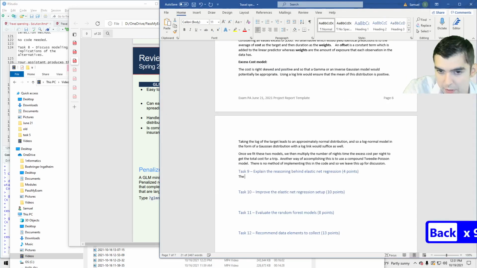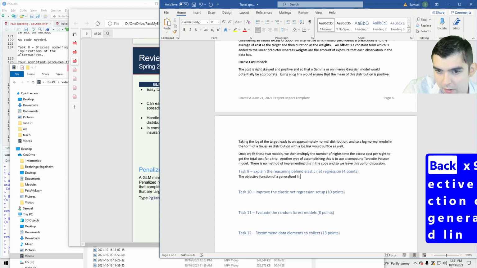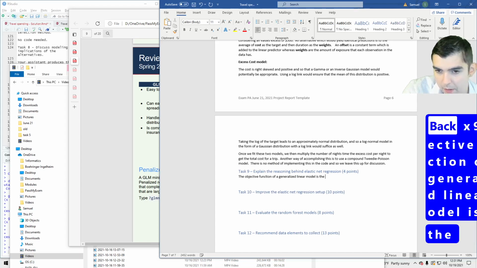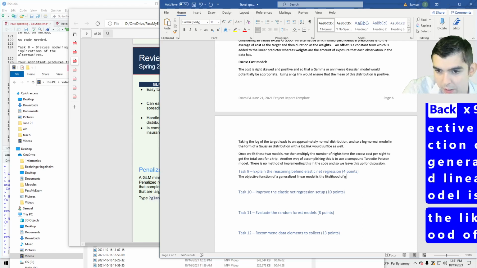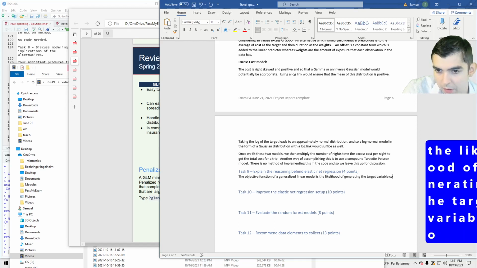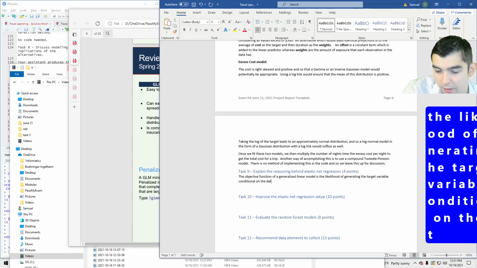The objective function of a generalized linear model is the likelihood of generating the target variable conditional on the data.